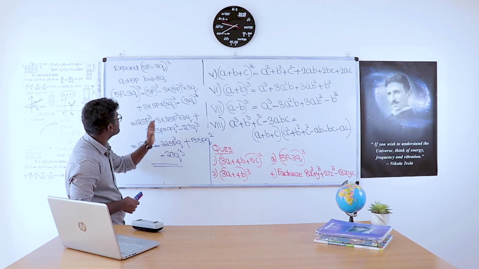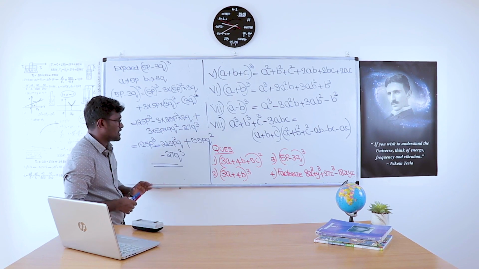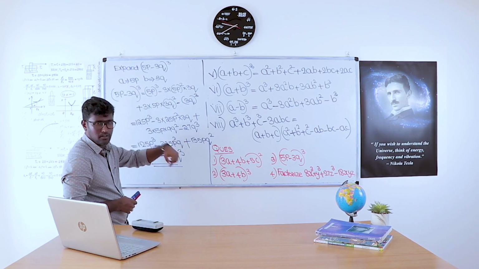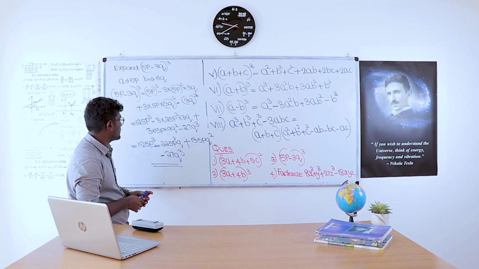So this is the answer for question number 3. That is a minus b the whole cube format, (5p minus 3q) the whole cube.